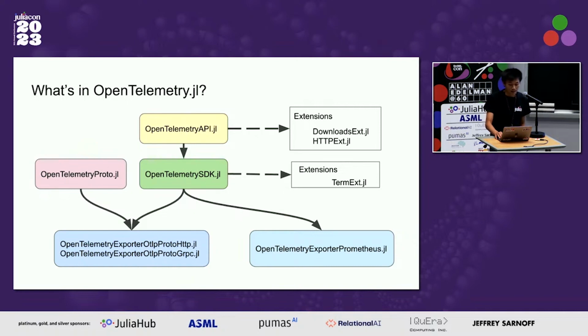By combining SDK.jl and the OpenTelemetryProto.jl, we have provided many different exporters like the HTTP layer exporter and also the gRPC layer exporter. Beyond that, we also have an independent Prometheus exporter.